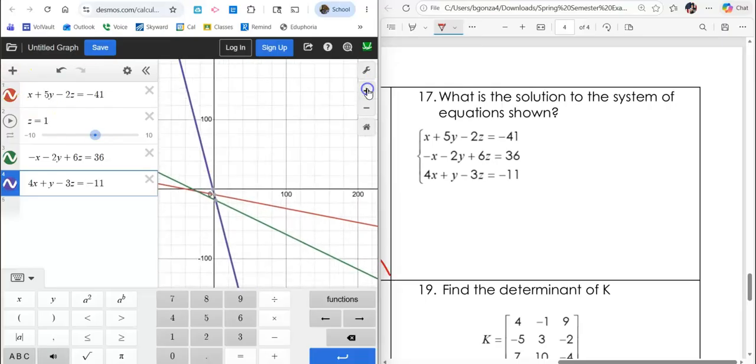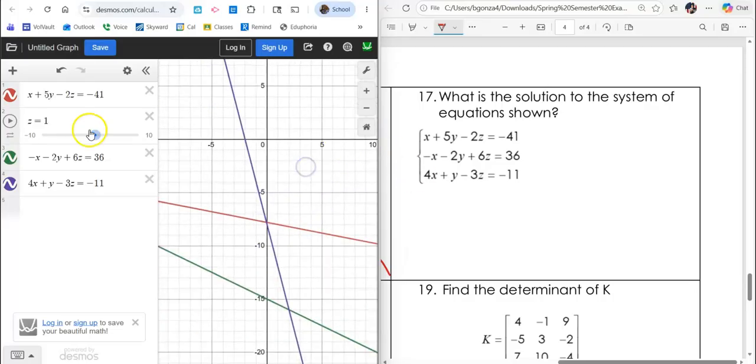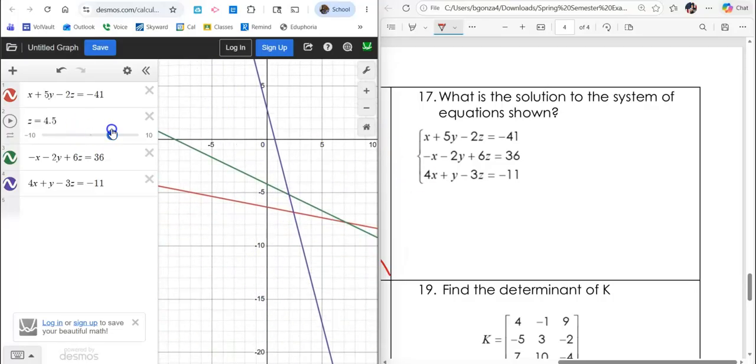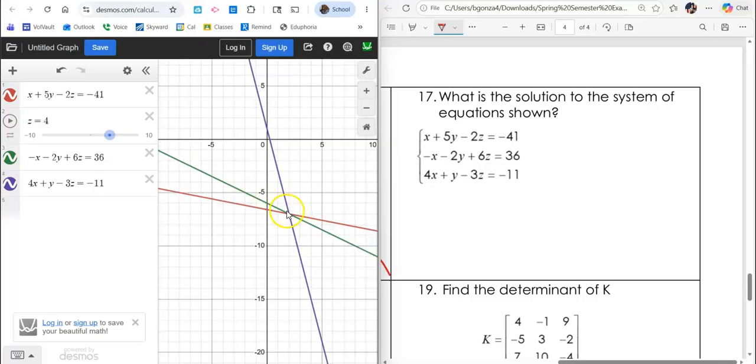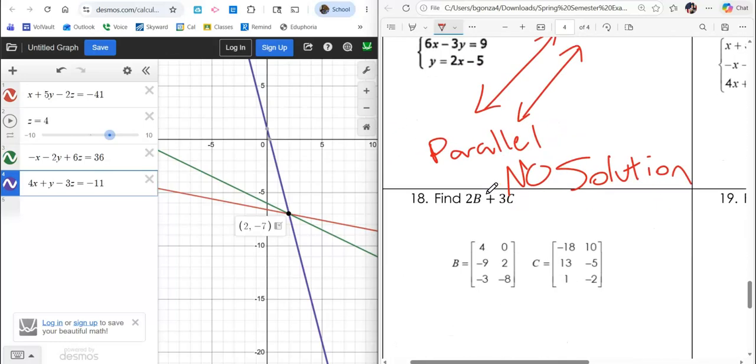Now, of course, I'm way too zoomed out, but here you go. Now, drag that z until you get to where you need to be, where they all cross. 2, -7. The z value is 4. 2, -7, and 4. Yeah.